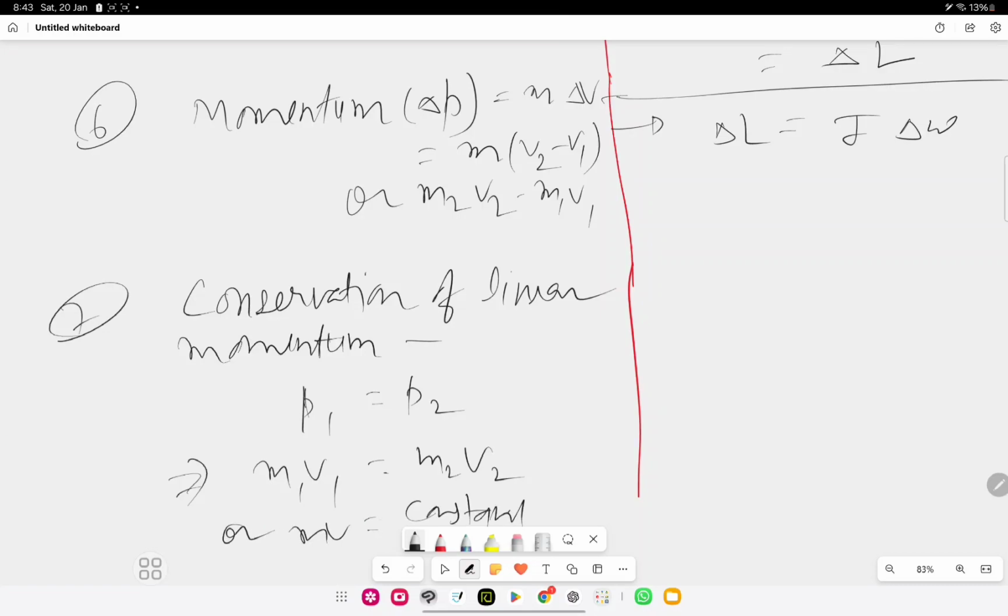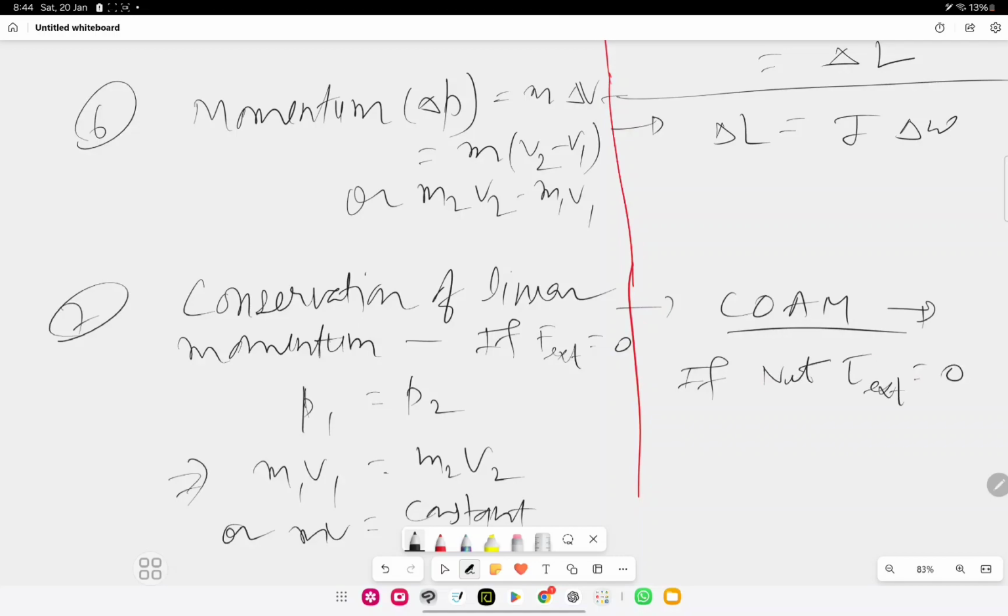Now here we talk about the conservation of what? The angular momentum. So conservation of angular momentum. Here the condition is, if net external torque acting on the body is 0, then angular momentum remains conserved.